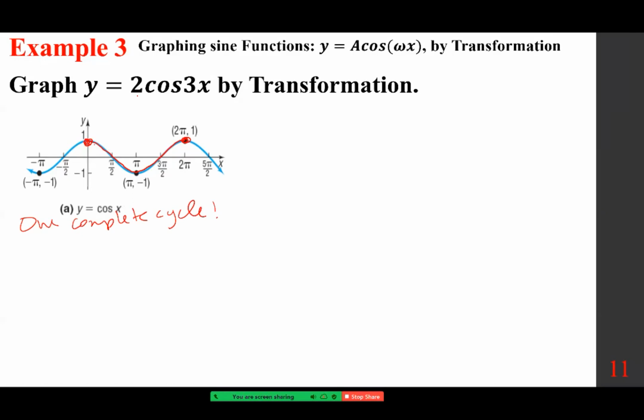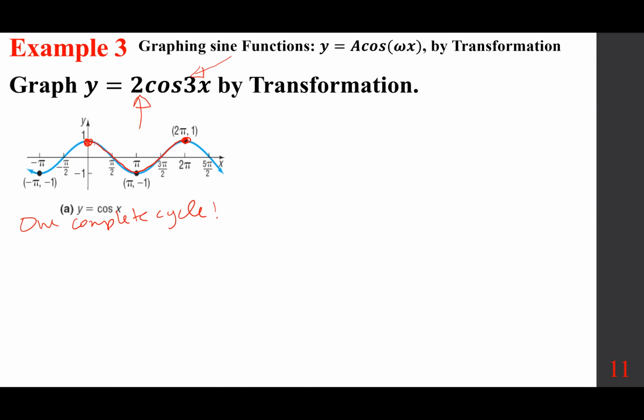So two things happen. One of them is this, number 2. One of them is this, number 3. Number 2 will multiply vertically. It will stretch it by a factor of 2. So the y coordinates for the same x coordinates are larger by a factor of 2.